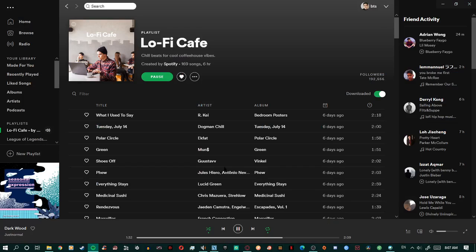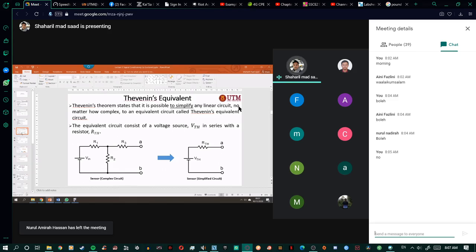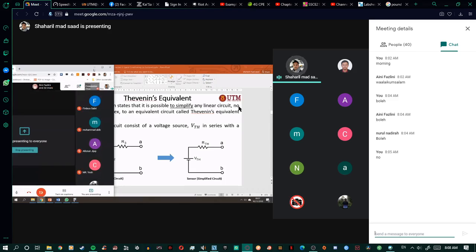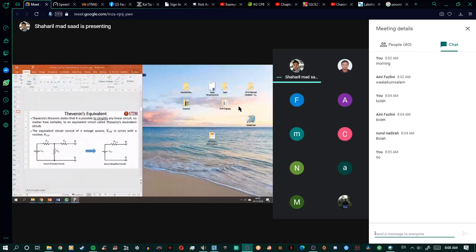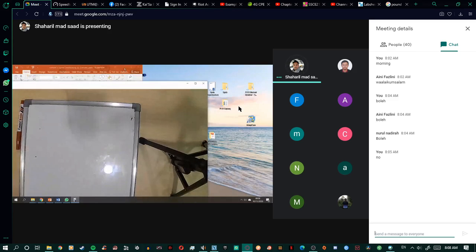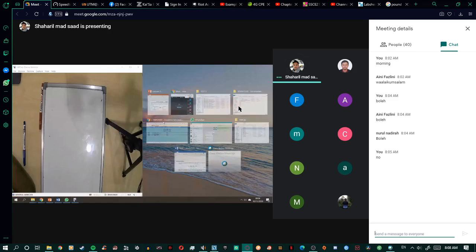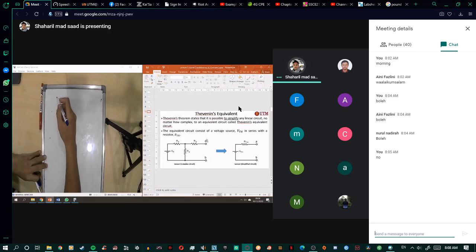Before we go through signal conditioning, let's go through a very basic circuit, the Thevenin circuit. What this Thevenin circuit does is, you have a complex circuit.